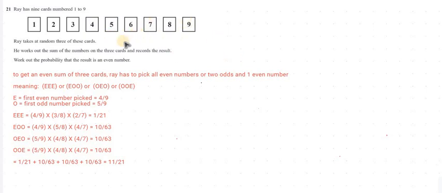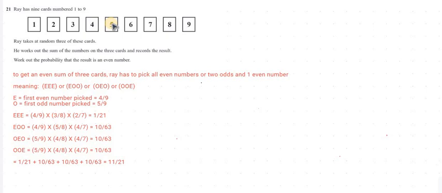If you pick 3 odd numbers and you add them together, the first 2 will create an even number and the third one will take it back to an odd number. If you pick 2 even numbers and an odd number, the 2 even numbers will create an even number. The third odd number will create an odd number for the sum.